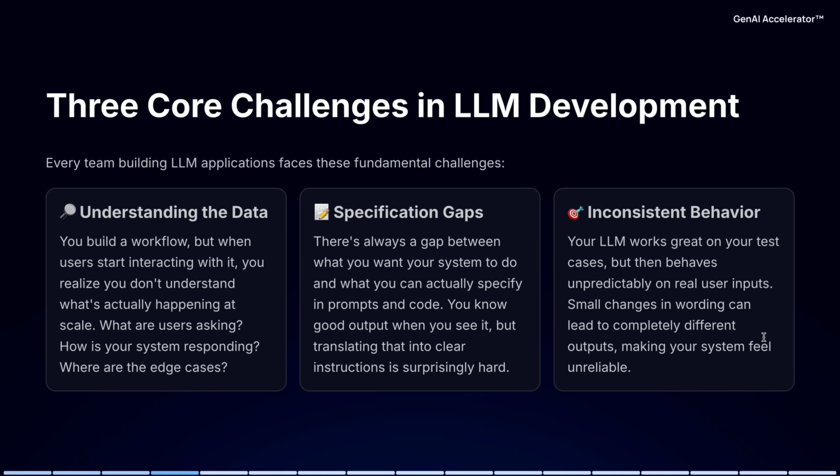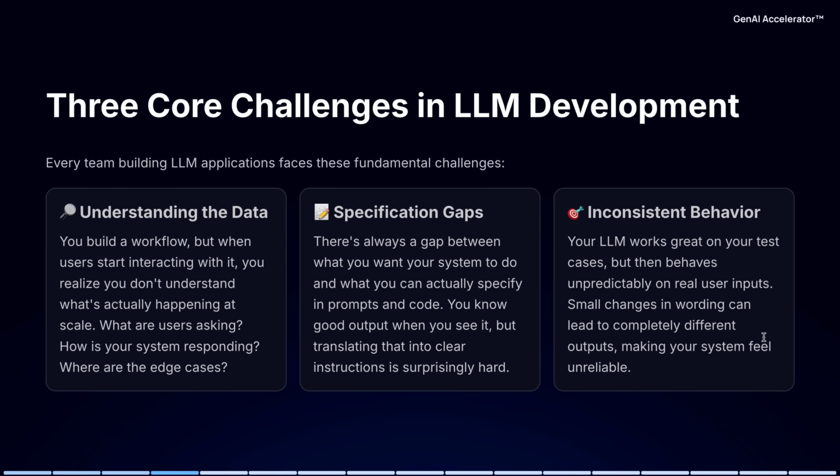You test isolated examples, often very simple examples. You test the happy path of what happens when you think how users will interact with the system. But at scale, this is going to be drastically different, and users are very, very unpredictable. So it's first of all about a challenge about understanding the data that's flowing through your system.